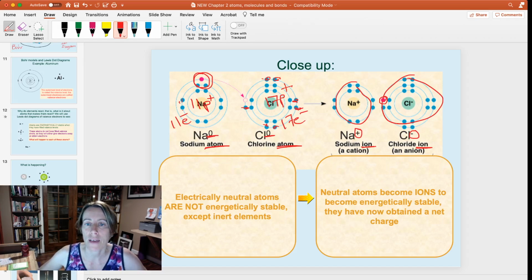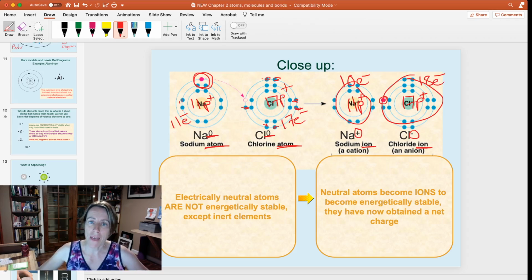So we haven't changed the center, the nucleus. We've still got 11 protons there, and we've still got 17 protons here. What we have changed, though, is the number of electrons. Sodium lost an electron. It gave it away. So now there's only 10 electrons left out here. And chlorine went from 17 electrons to 18 because it picked one up.